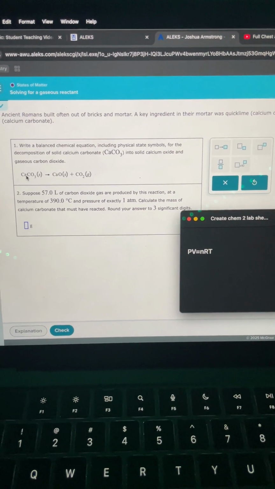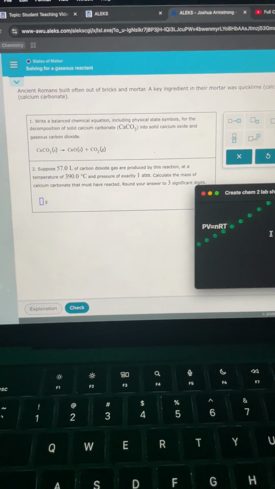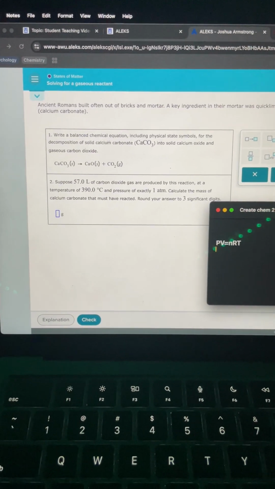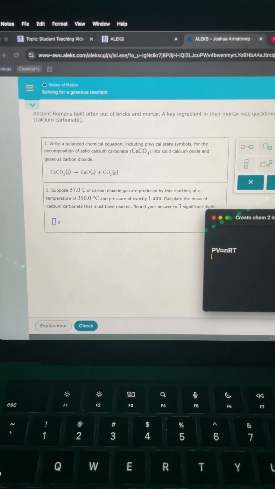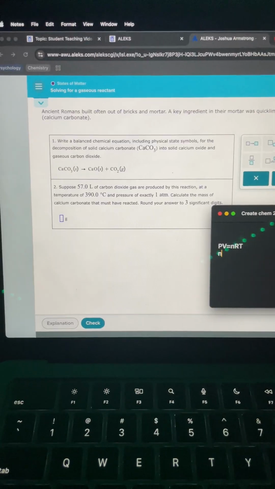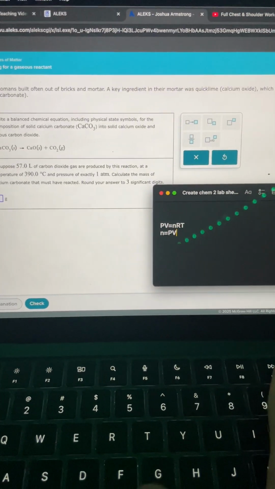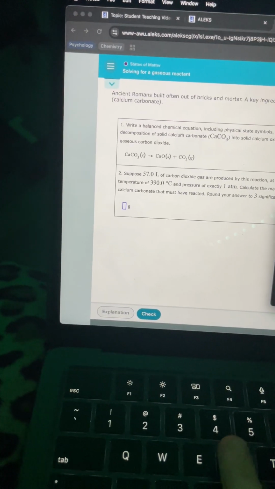It's going to be the same number of moles for this, right? So we're going to switch around the equation to n, which is moles. Make that bigger so you can see it. Lowercase n for moles is equal to PV over RT.